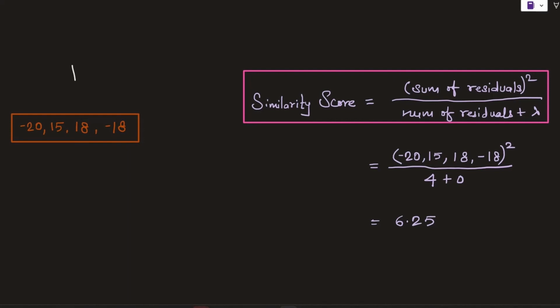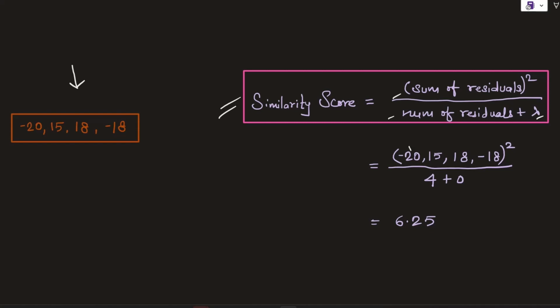You can see this is how the tree is starting out as a leaf and all the data points are being placed within that leaf node. And this is the formula of the similarity score that we are going to use, which says the sum of residuals, squared, divided by the number of residuals plus lambda, which is a regularization parameter.